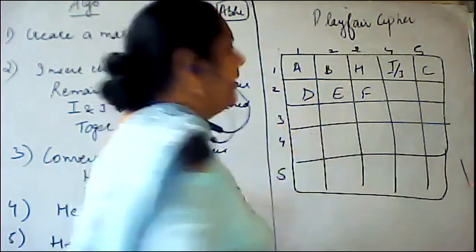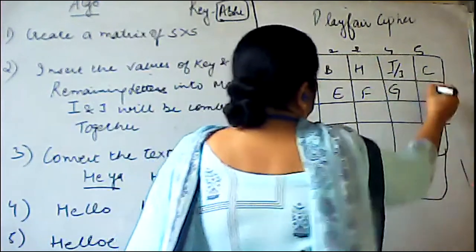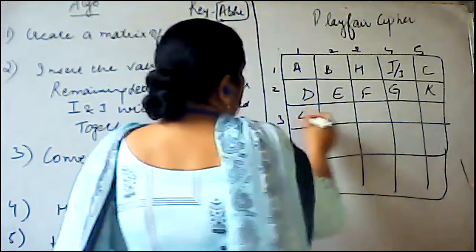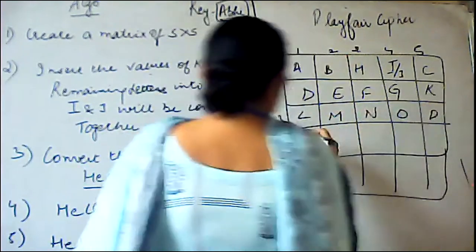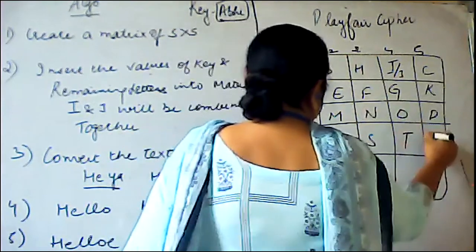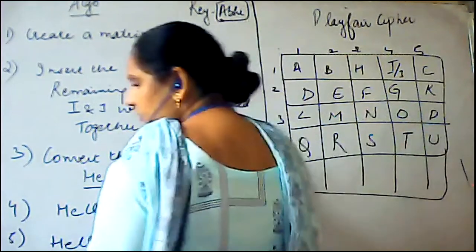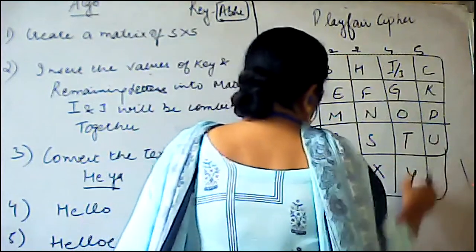So C, D, F, we will put G. Don't put H, don't put I, don't put J. Then put K, L, M, N, O, P, Q, R, S, T, U. Then you will be putting V, W, X, Y, Z.